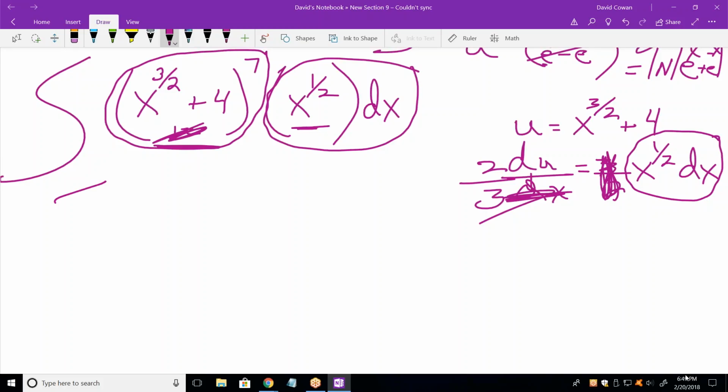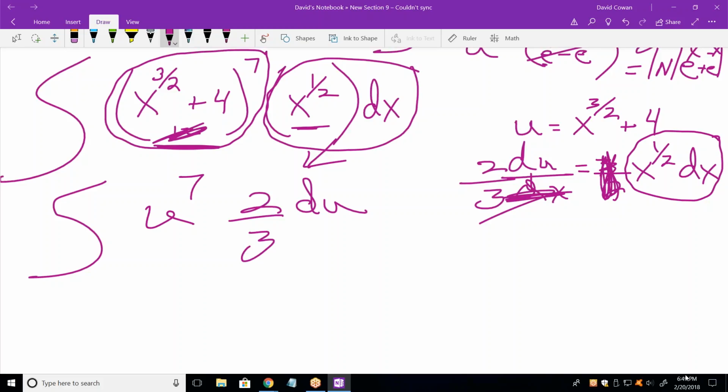So I can immediately make that 2/3 du. In other words, that became that. Okay, you with me? Yeah. And then this whole thing is u to the 7th. I have completely gotten rid of my x. Now this is trivial to do.